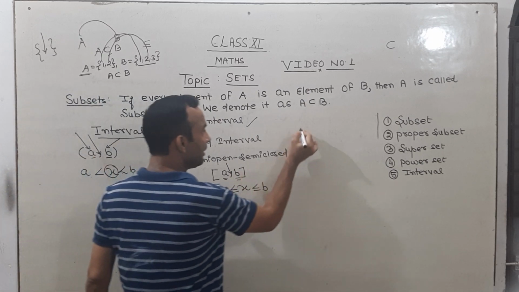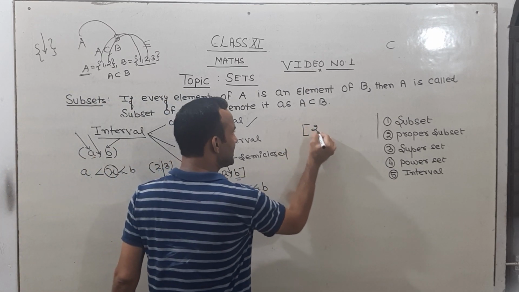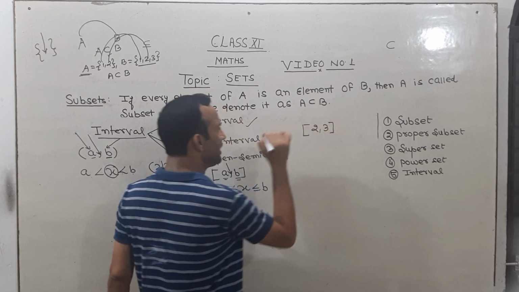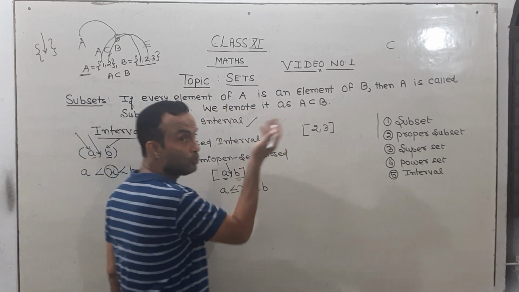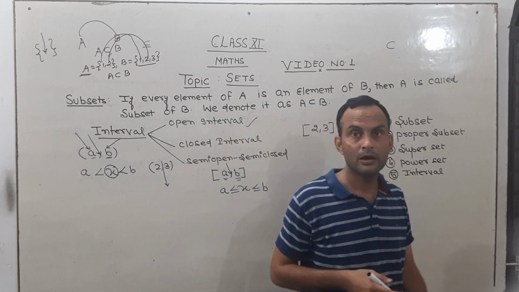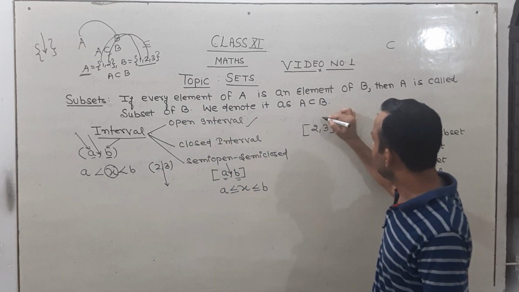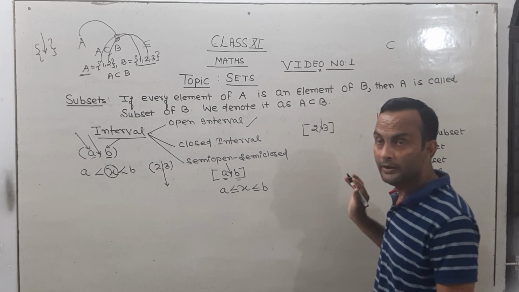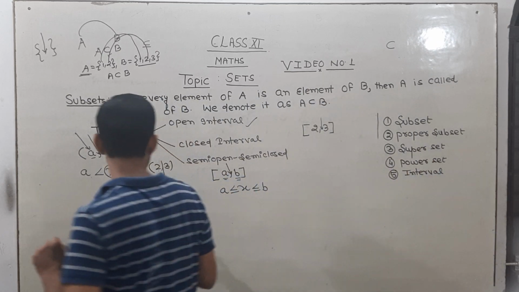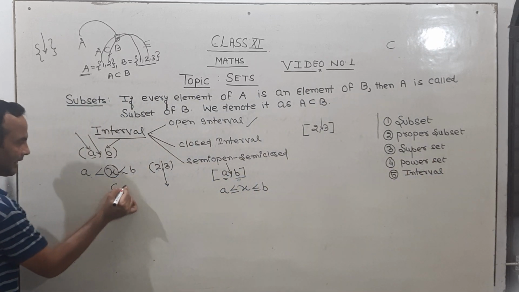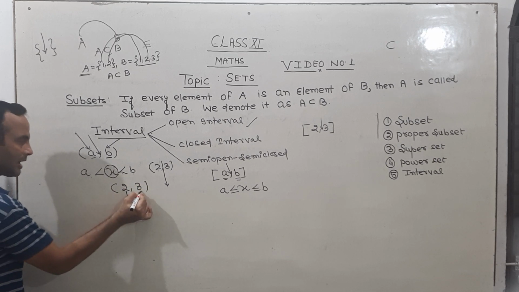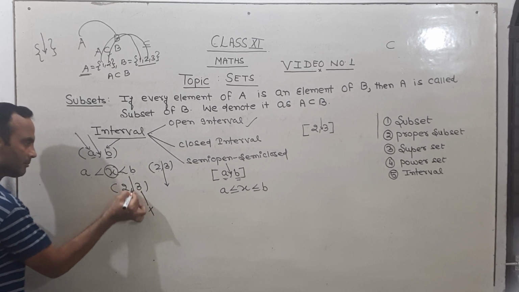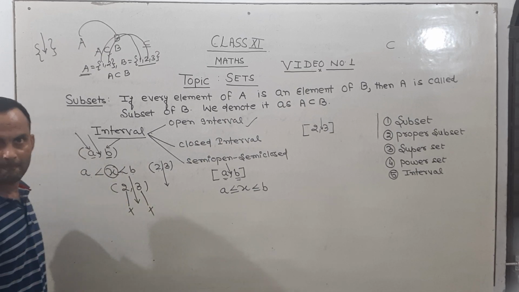For example, if the answer is [2, 3], the answer can be 2, answer can be 3, and answer can lie between 2 and 3. But in the case of open interval like this one, the answer can't be 2, the answer can't be 3, the answer must lie between 2 and 3.